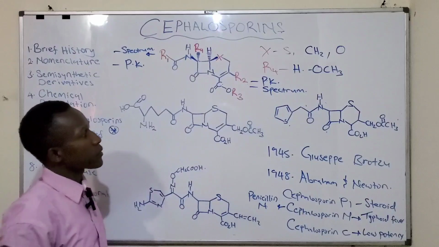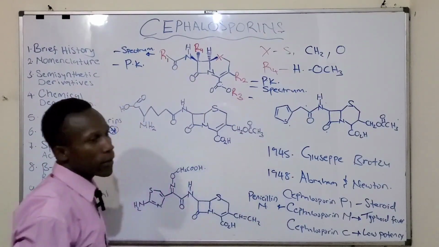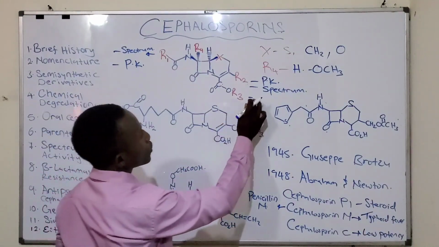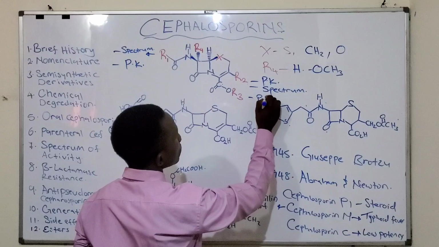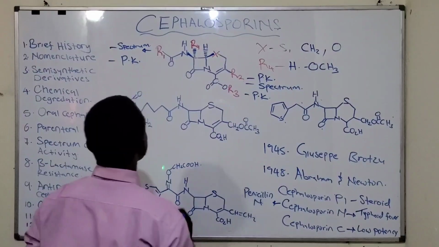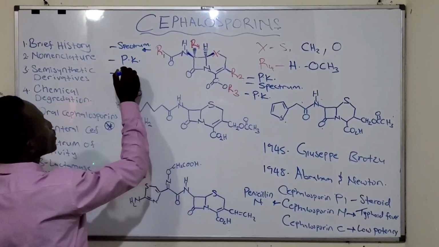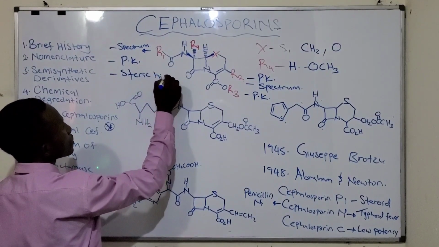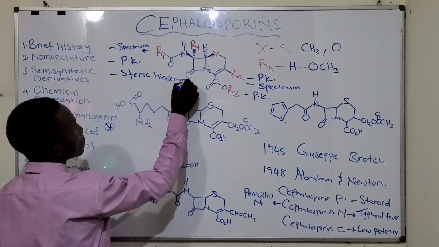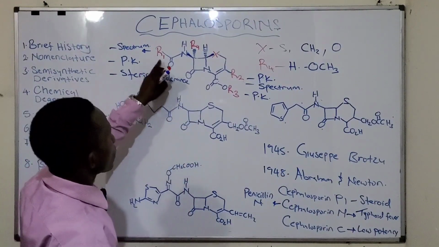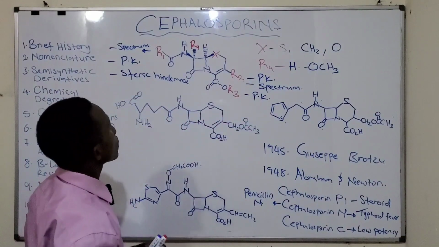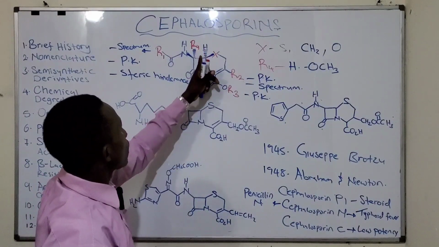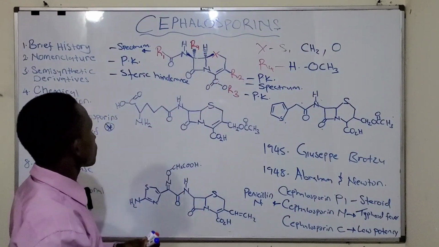Then this R3 can be made as a salt, or it can be made as an ester, so it's also for pharmacokinetics. Again, this R1 and R2 are responsible for steric hindrance against beta-lactamases. Then this cis form is very essential for activity of these cephalosporins.